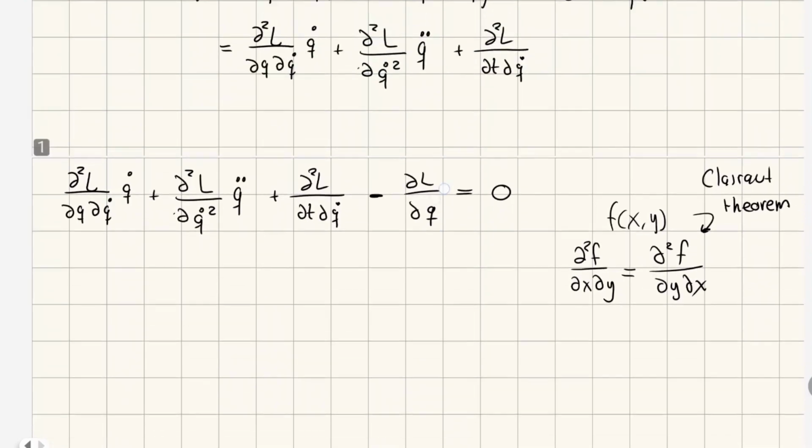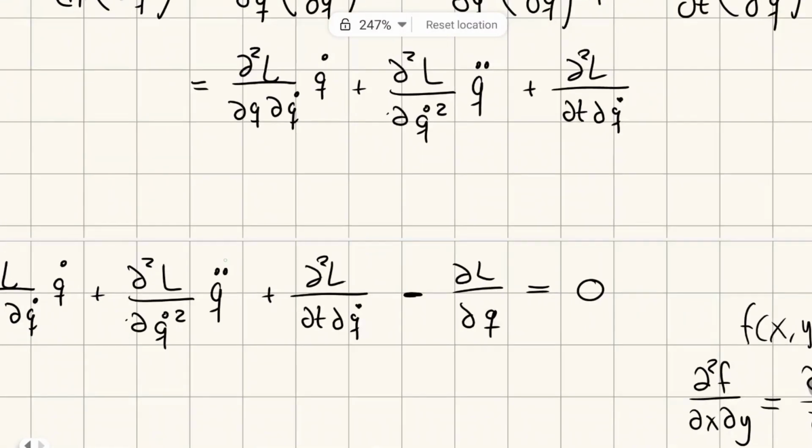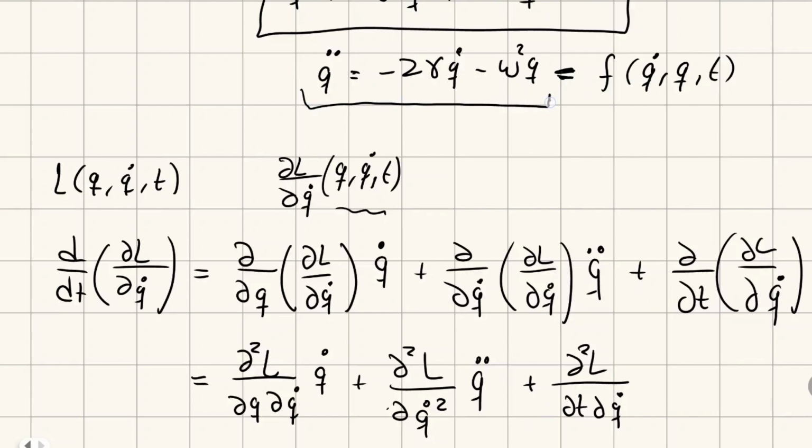But first of all, let's notice that we have a q dot dot here, and we said that q dot dot can be defined as a function of q dot, q, and t, due to the existence of this differential equation. Every example where we can apply this process needs to be of a differential equation of this form, so that means we can find this function f.